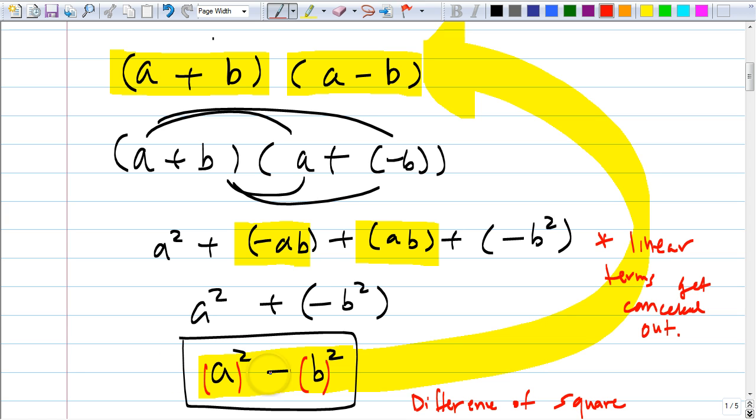So if I have a difference of squares, what does it factor to? If I have a squared minus b squared, it'll always be. Anybody? Yes, sir? Get canceled out. So again, if I have a squared minus b squared, a difference of squares, how does it factor then? Yeah.